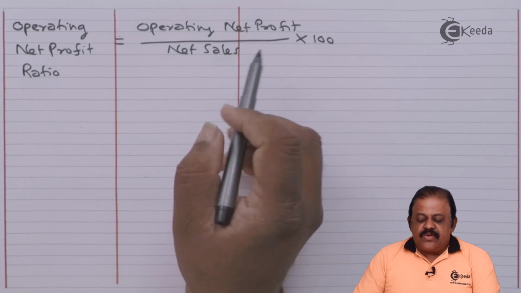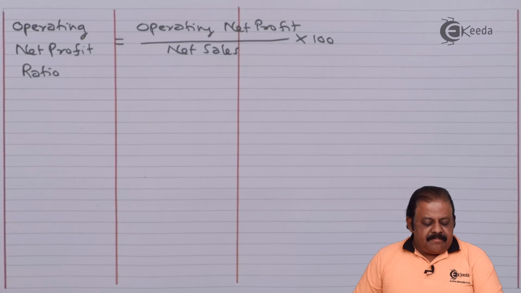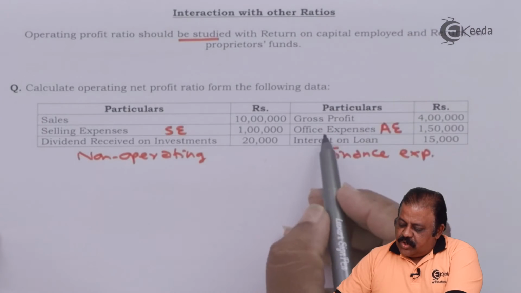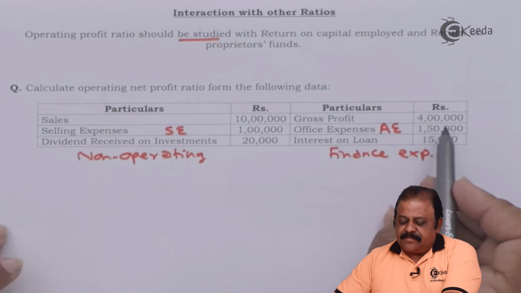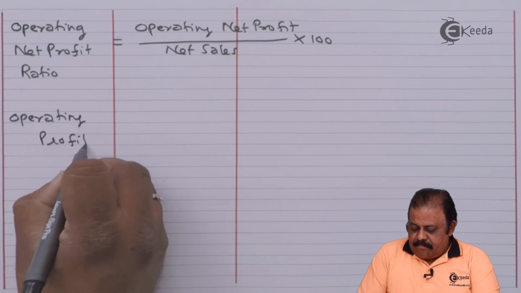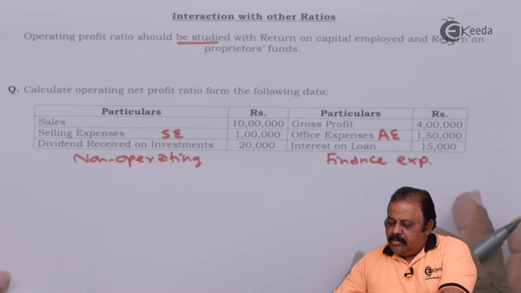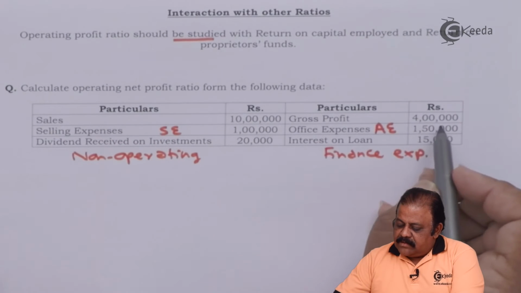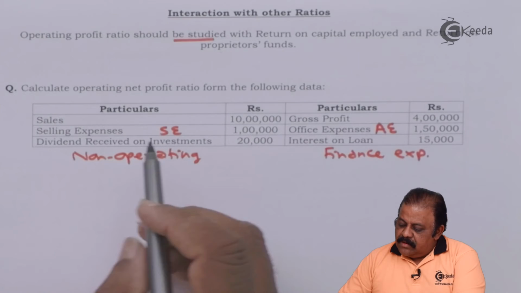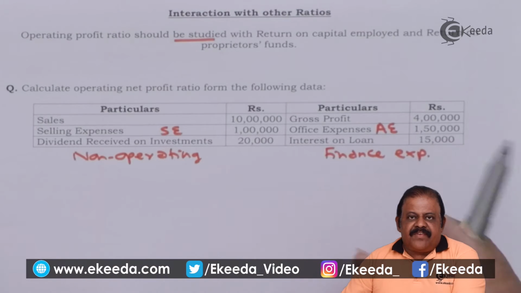Operating net profit ratio is operating net profit divided by net sales multiplied by 100. Here we have information of gross profit 4 lakhs, selling expenses 1 lakh, office expenses 1 lakh 50,000.